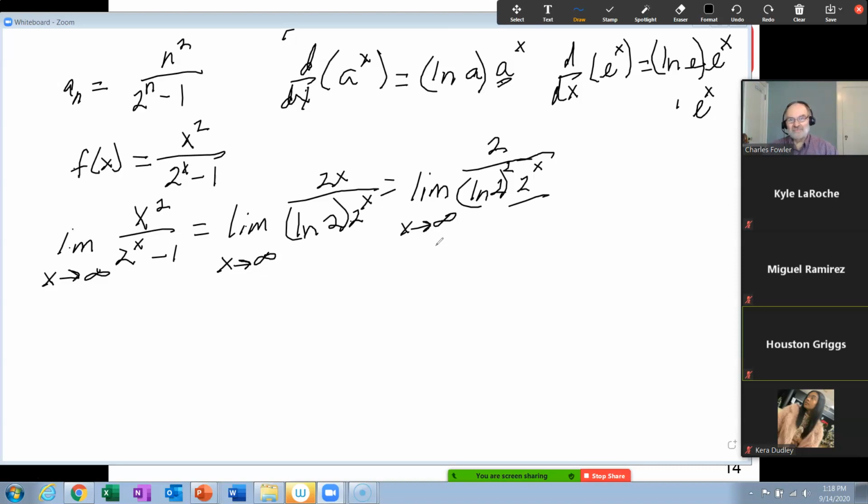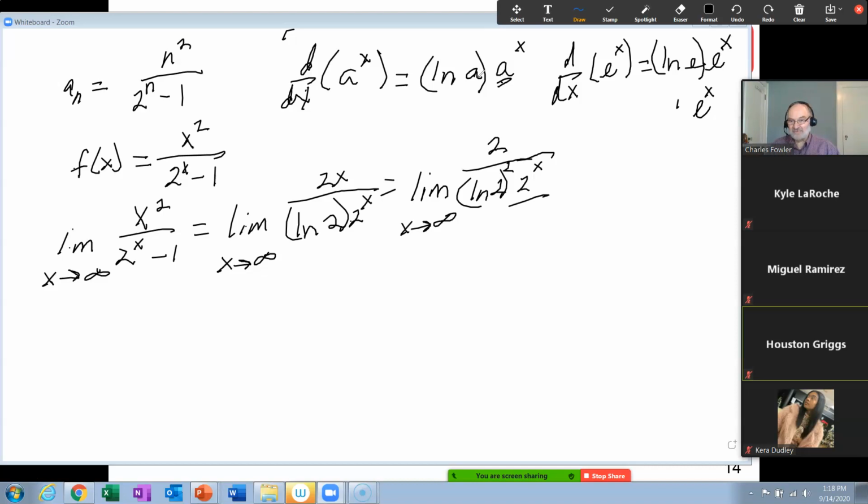That's how you take the derivative of an exponential function that's not base e. You just take the log of the base and multiply it by a to the x. That's just a rule, just like the derivative of x squared is 2x. You do it often enough, you don't think about where that came from, but it was a long, involved process to get there.